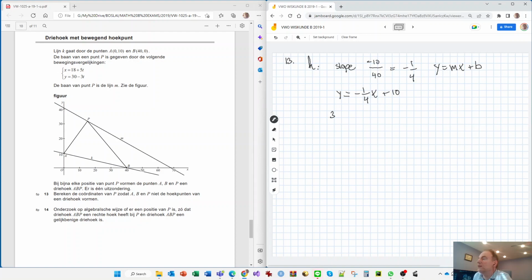So I get 30 minus 3t is minus 1 over 4 times 18 plus 5t, plus 10. And then I find my t. If I know t, I substitute it here and I find the point. Did I do that correctly? I think so.